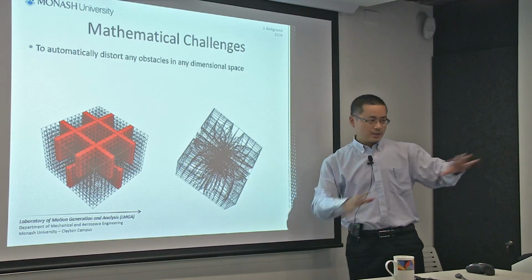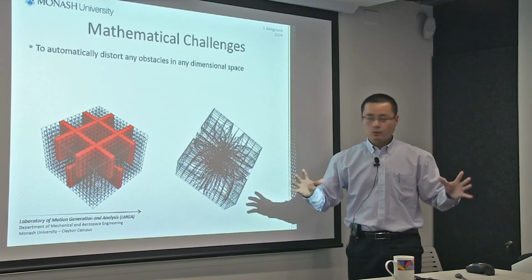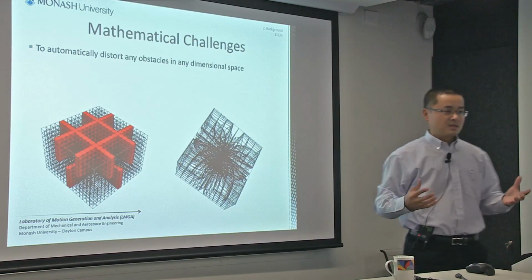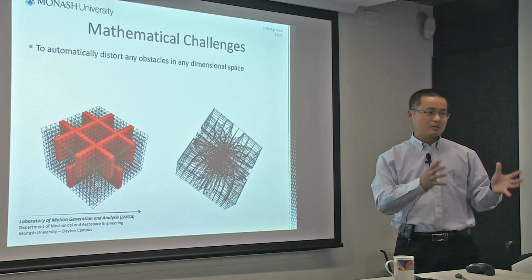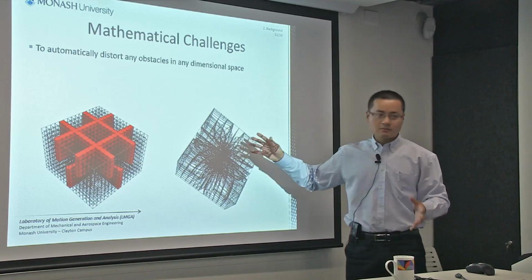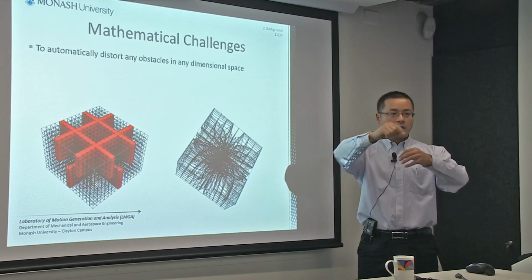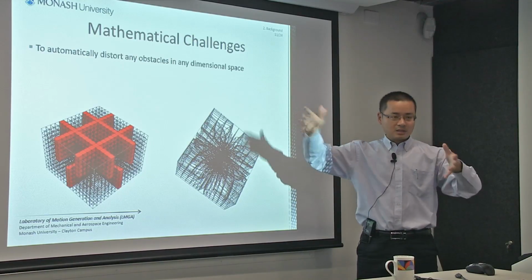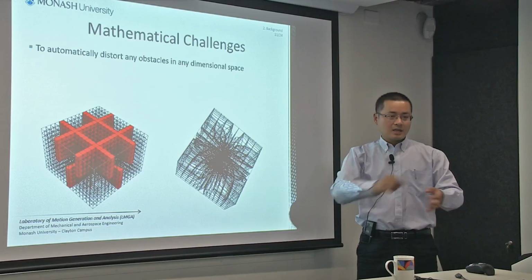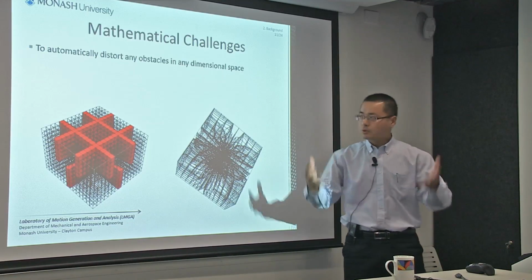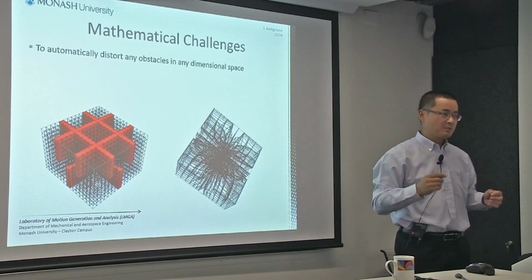In previous examples, they are quite straightforward, but I created this shape to test myself and found that I can only do that manually. I can successfully do that, but I have to manually adjust this obstacle into some strings in this three-dimensional space so that any line will not intersect with it. But is there any automatic procedure to do it? This is something I don't know.